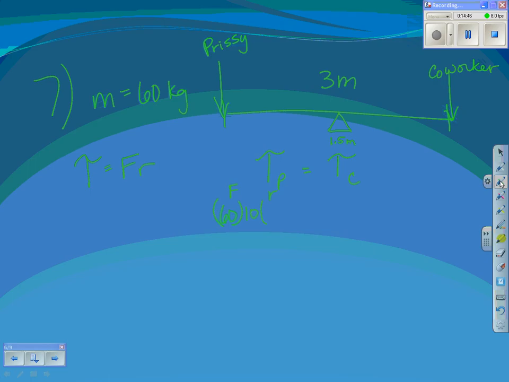And then her distance or radius from the pivot point would be 1.5. That all has to equal the torque of her coworker. So when you do your multiplication, 600 times 1.5 is going to give you an answer of 900 joules or 900 Newton meters.